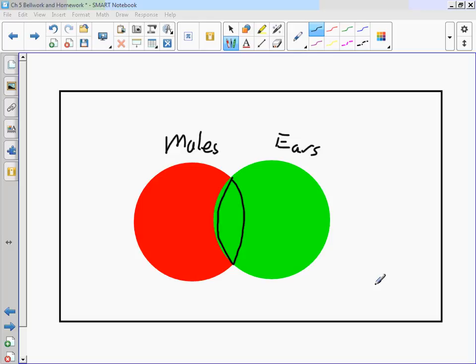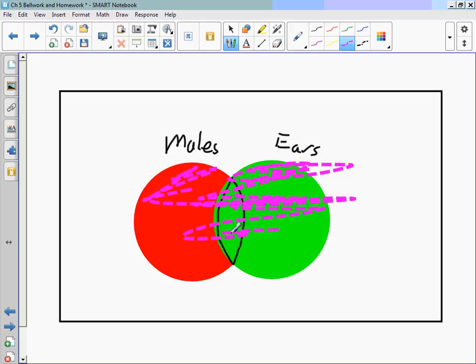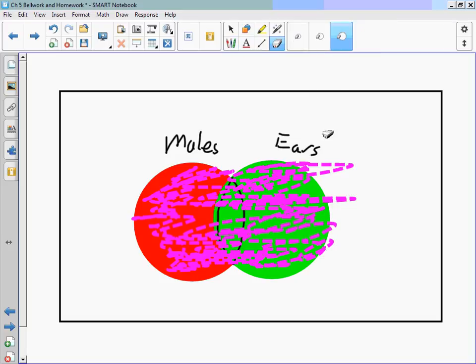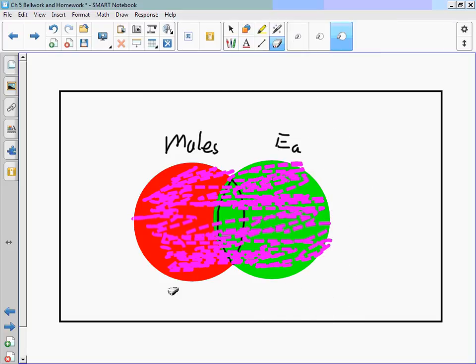That's just to give you an illustration of what we're doing here. It's all of this, all of it, and all of that. That's what I'm looking for the probability of.